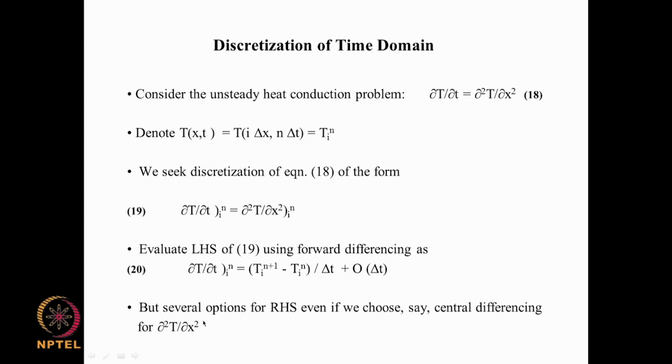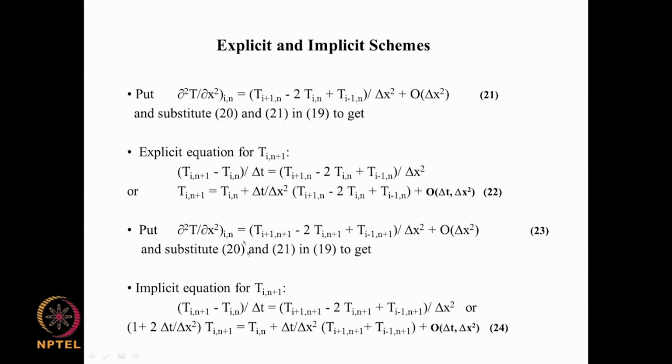When we talk about dou square T by dou x square using central differencing, we get T_(i+1) minus 2 T_i plus T_(i-1) divided by delta x square. That is an approximation here, but what about the time index n? That gives us possibilities, and that is what we are seeing here.